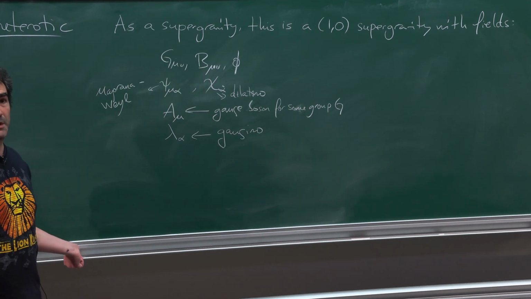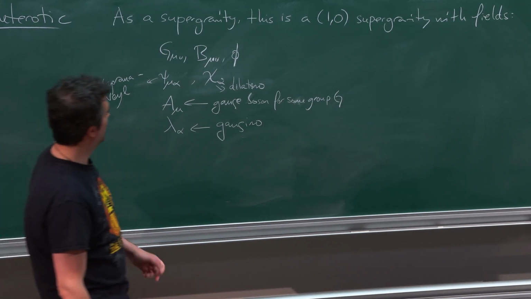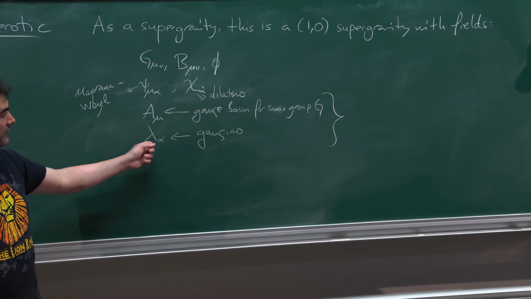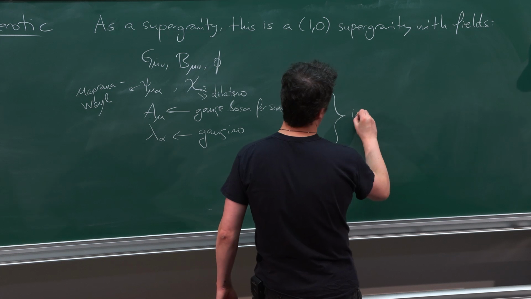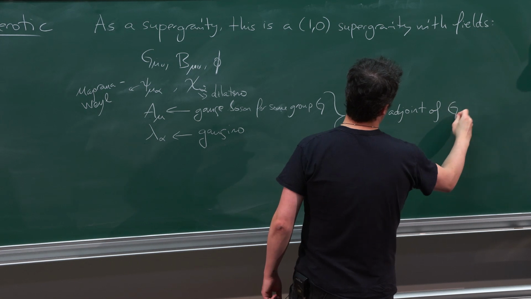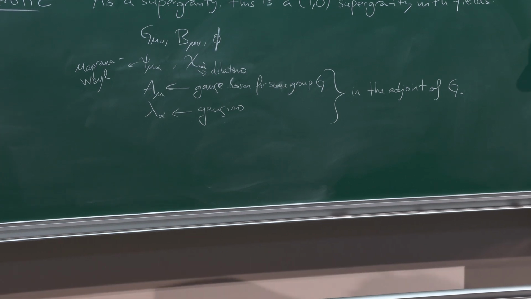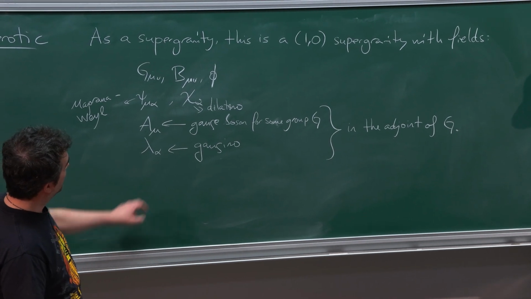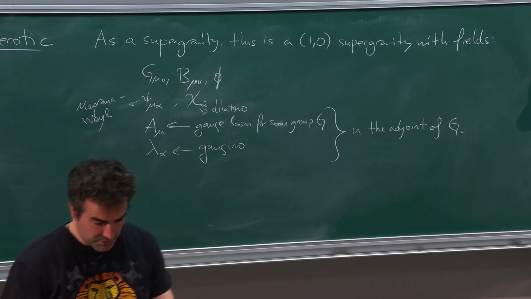If you don't know supersymmetry, which some of you coming from condensed matter might not, it's not your day-to-day thing, just think of this as a gauge boson for a gauge group and a fermion which is charged in the adjoint representation of that same gauge group. So there are certainly some similarities. I don't have, in this case, to worry about the self-dual field. I have a dilatino, a gravitino, and a gaugino, which is just a fermion.